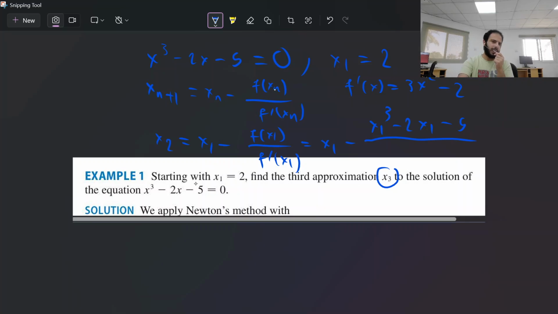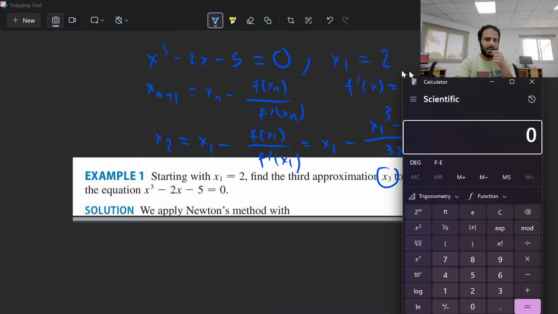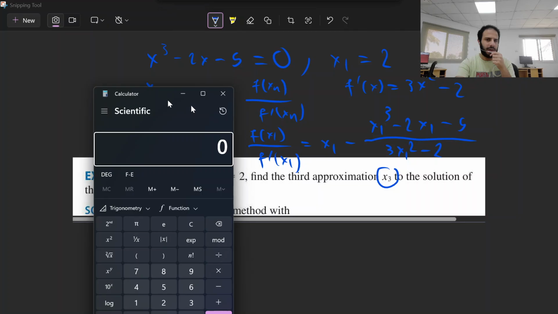Now you substitute x1 in the derivative, you get 3x1 squared minus 2. Good? So now you use your calculator to solve this. What is the value of x1? 2, right? Substitute 2 here. You get 2 minus, then open parentheses for the division, okay? Parenthesis 1, then second one for the upper part of the fraction.